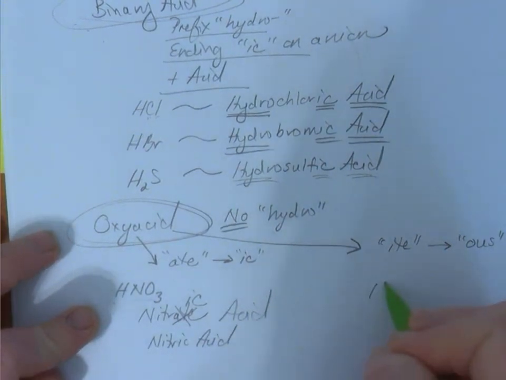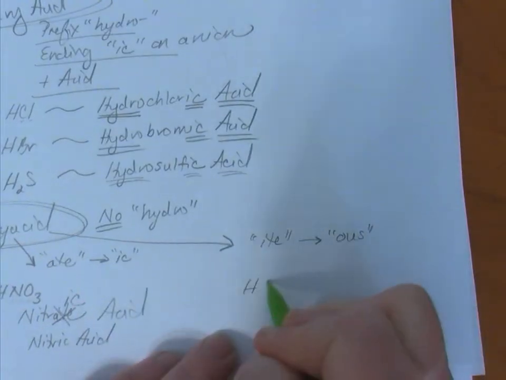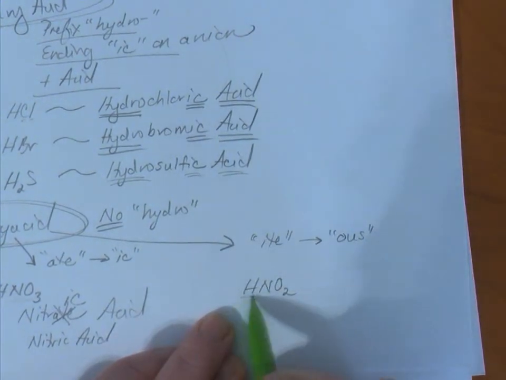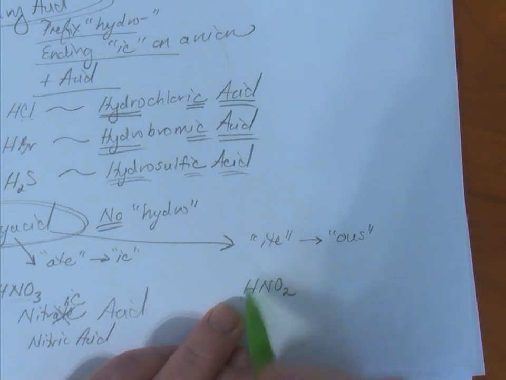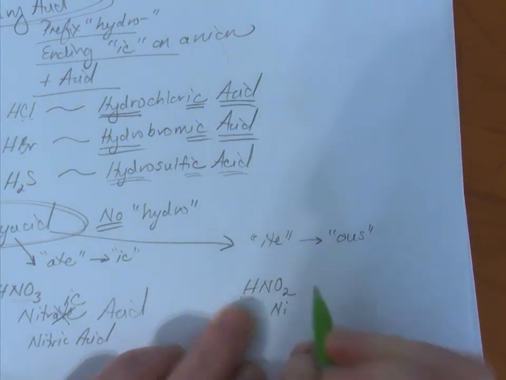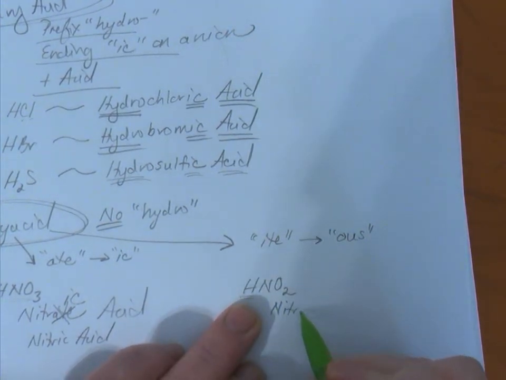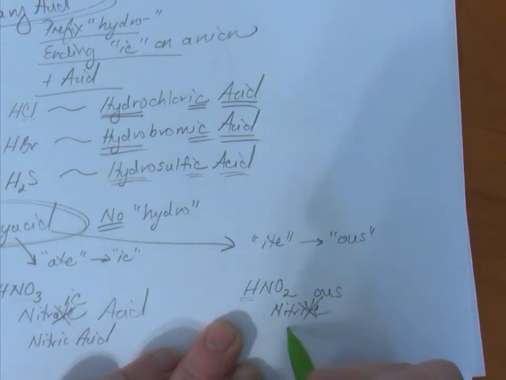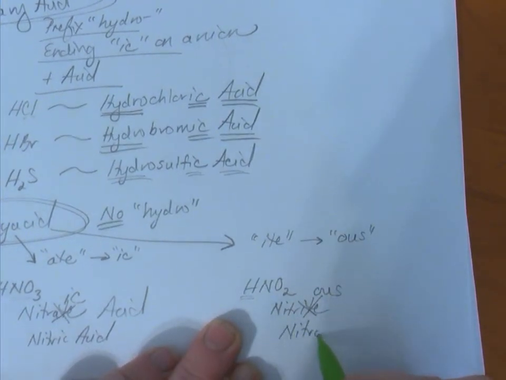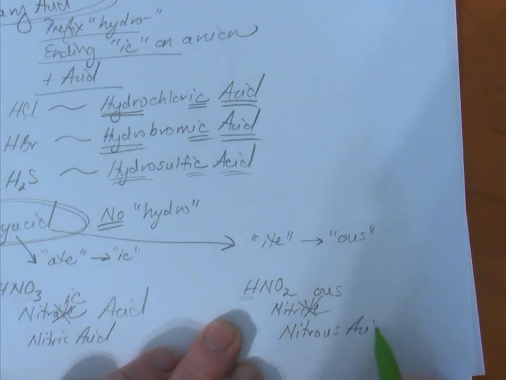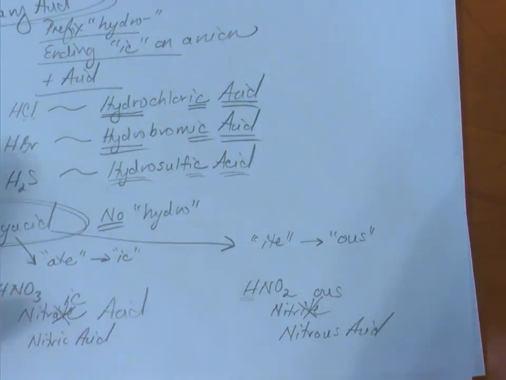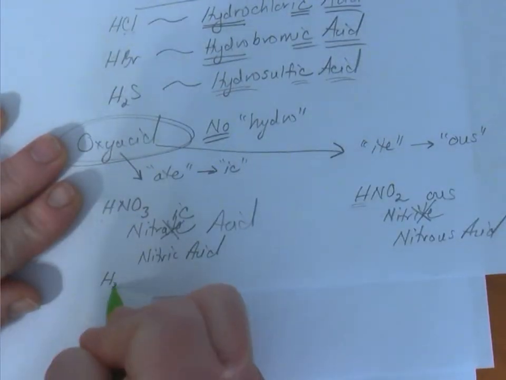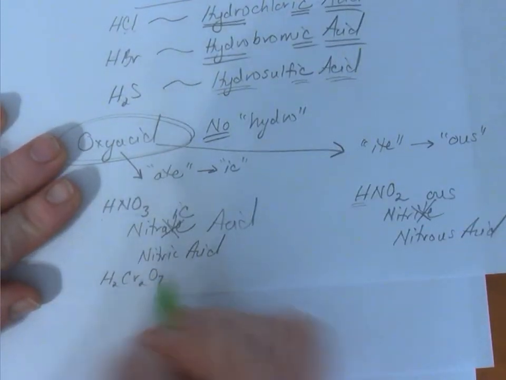But what if hydrogen was with NO2? Okay, I know it's an acid. I look to my polyatomic ion. NO2 minus 1 is nitrite. Ite is changed to us. So this is nitrous acid. Okay, what about H2Cr2O7?